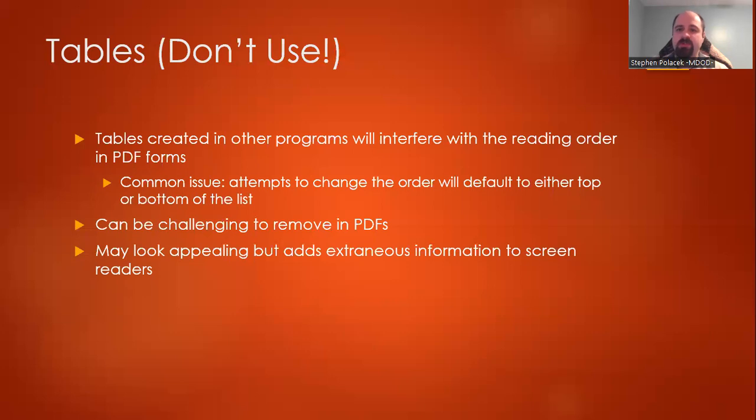So that's just my personal recommendation. It's a recommendation of a lot of accessibility specialists, but I can't tell you what to do. So if you really want to use a table, just be aware that you're going to have to deal with remediating that to make it easier for users.